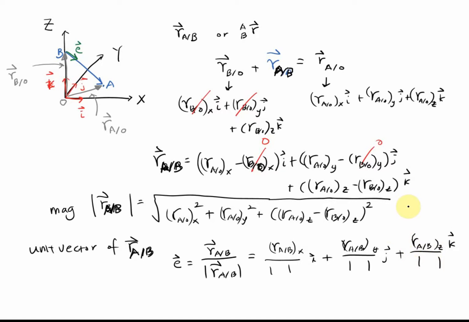So once you define your magnitude, you just divide each component for x, y, z by the magnitude, and that gives the components of your unit vector.